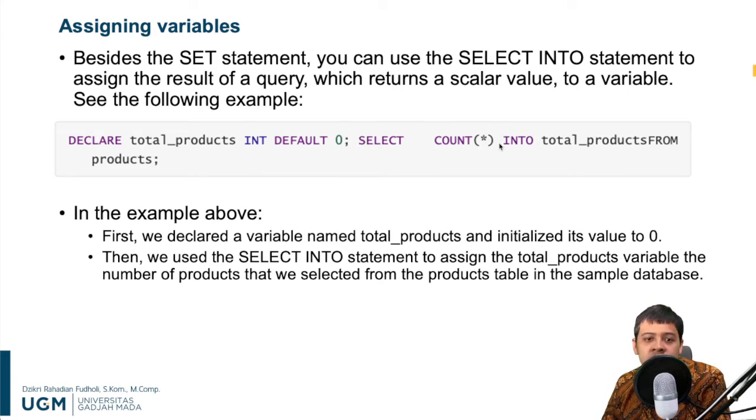We count the rows of this table into total products. There is a syntax mistake here, there should be some space over here after products. So we put the count star into total products.